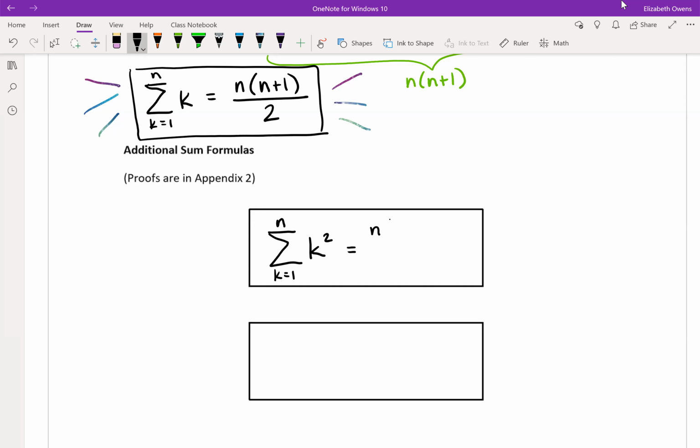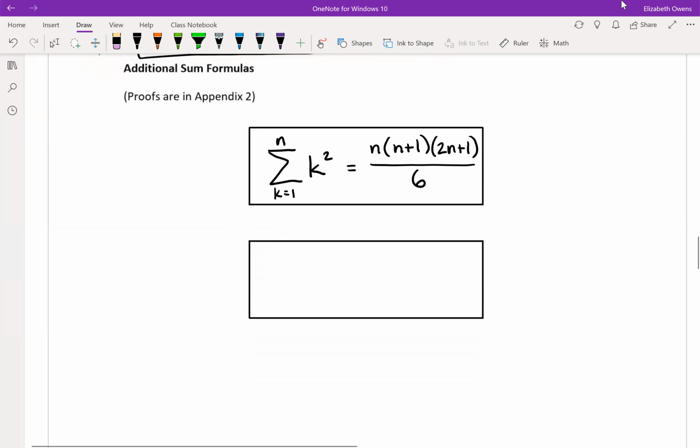It starts out with n times n plus 1 times 2n plus 1 divided by 6, which feels a little bit random, but again, you can check out the proof in the appendix. I won't make you prove this one at any point. And you don't have to memorize it. If you need it on a test, I'll give it to you.